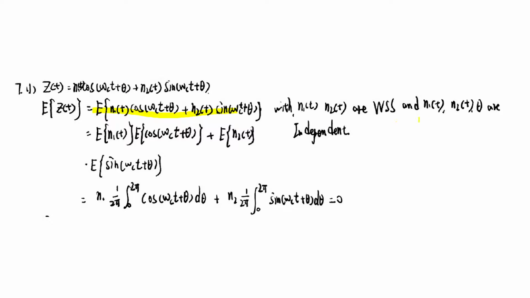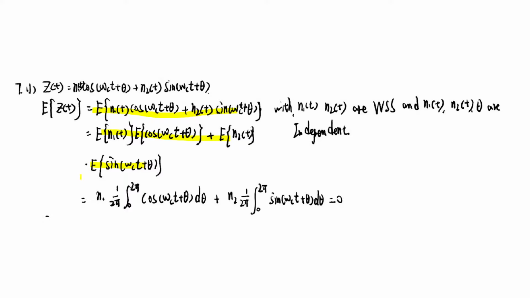And we already know that N1(t), N2(t), and θ are all independent, which means E[N1(t) cosine(ωt + θ)] is equal to E[N1(t)] multiplied by E[cosine(ωt + θ)], and so we can transform the equation like this. And also N1(t) and N2(t) are WSS, which means E[N1(t)] and E[N2(t)] should be two different constants here.